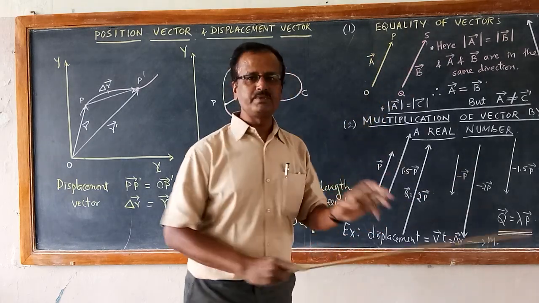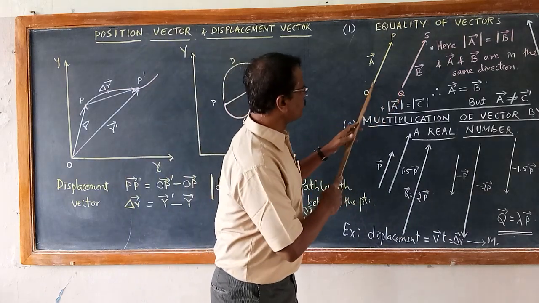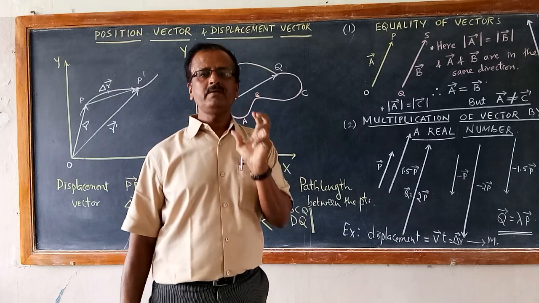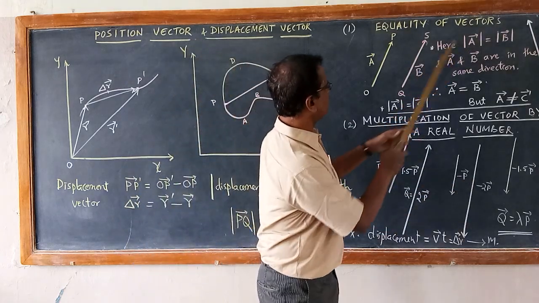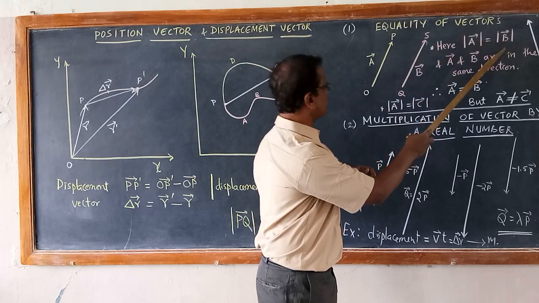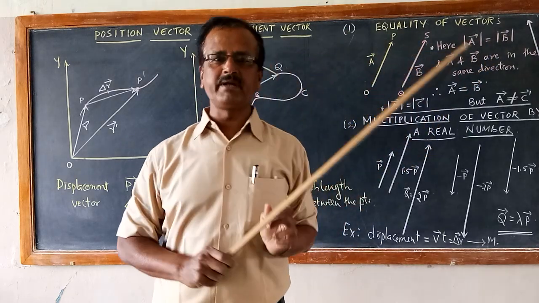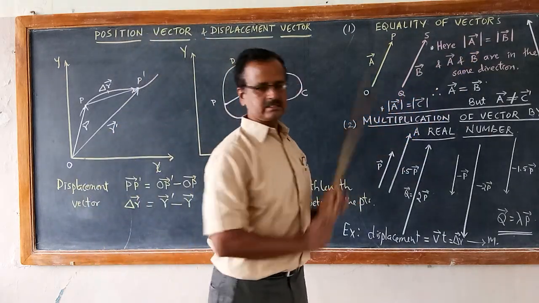Such vectors are said to be equal vectors. So here the magnitude of A is equal to the magnitude of B, and vector A and vector B are in the same direction. Therefore they are said to be equal vectors.